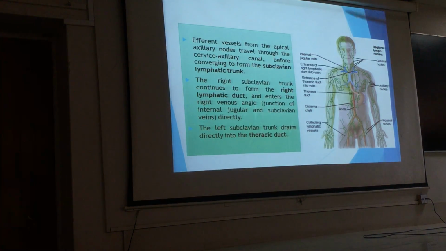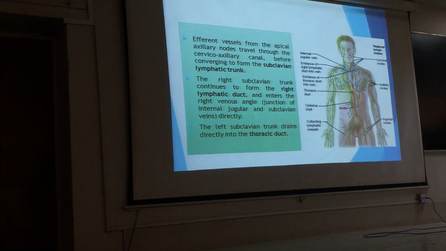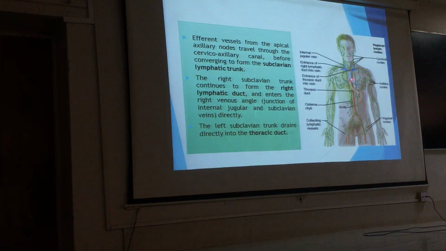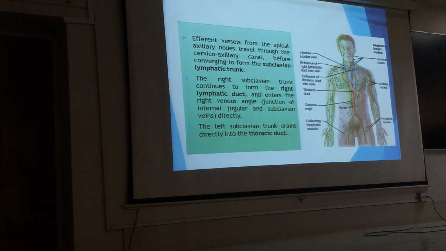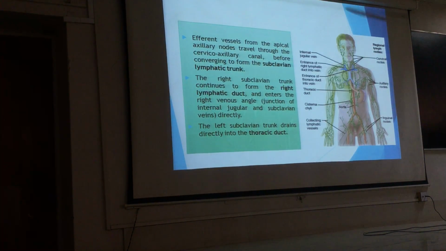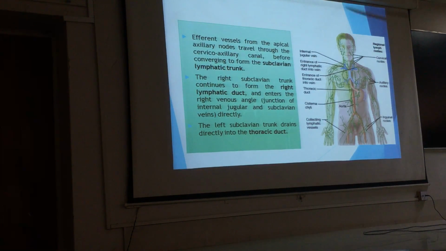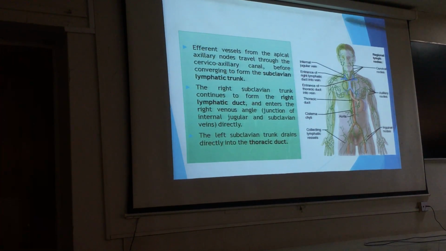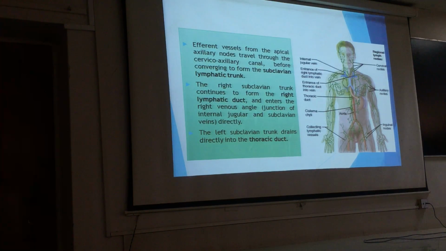Again, अगर याद हो जब axilla हम कर रहे थे तो ऊपर से जो space बन रही थी जहाँ structures were connecting the axilla and the cervix या cervical area, neck का area, we were calling it as the cervicoaxillary space or the canal. So from there, after draining into the apical lymph node, the efferents they go and travel into the cervicoaxillary canal, and then they converge either to form the subclavian lymphatic trunk. अब इसमें थोड़ा सा difference आ रहा है.